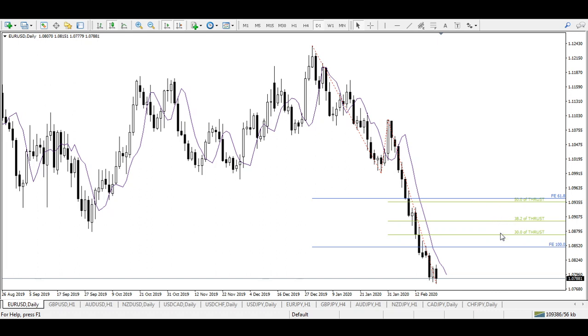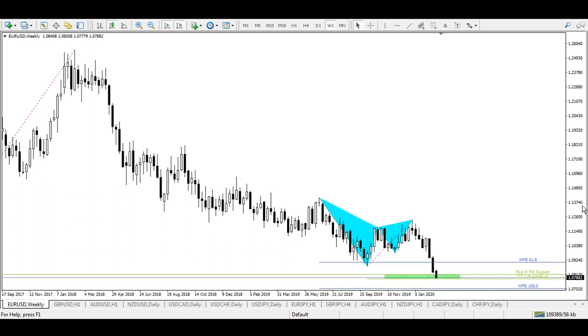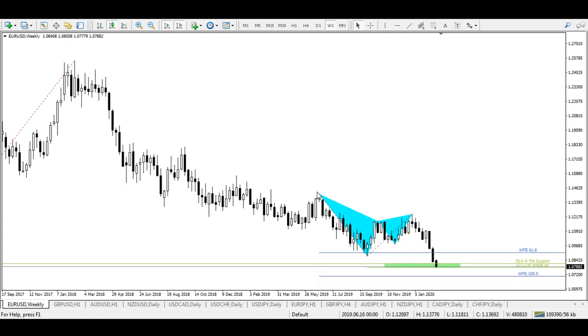Further we will see what happens, whether or not we get a bearish candle pattern. If we get the bearish candle pattern, then we will target this other target, which is this A B equal C D. This A B C D WFE 100, weekly Fibonacci extension 100, that area is around 1.07. So this will be the next destination, and the market can repeat the history of April and May 2018.